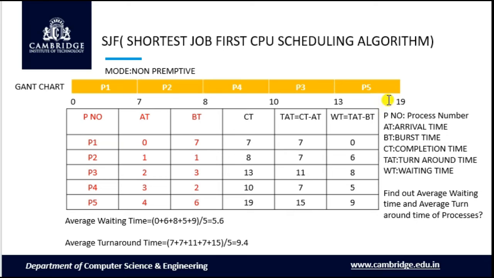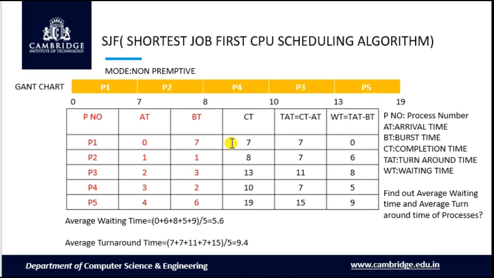That means P5 takes till the 19th unit of time. This is how you are supposed to schedule the processes when the problem is given, by looking at the burst time of each process and considering the shortest burst time. Only in the first row, for process P1, we considered just the arrival time in the beginning, compulsorily, at the 0th time of execution.